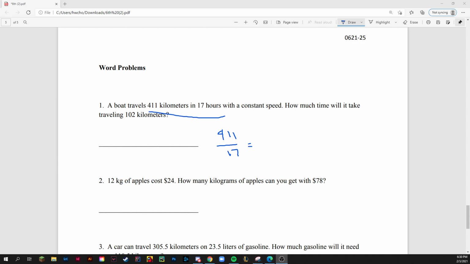actually that is not how you, alright, instead of doing this, completely ignore what I said in the back there, just do 17 divided by 411.